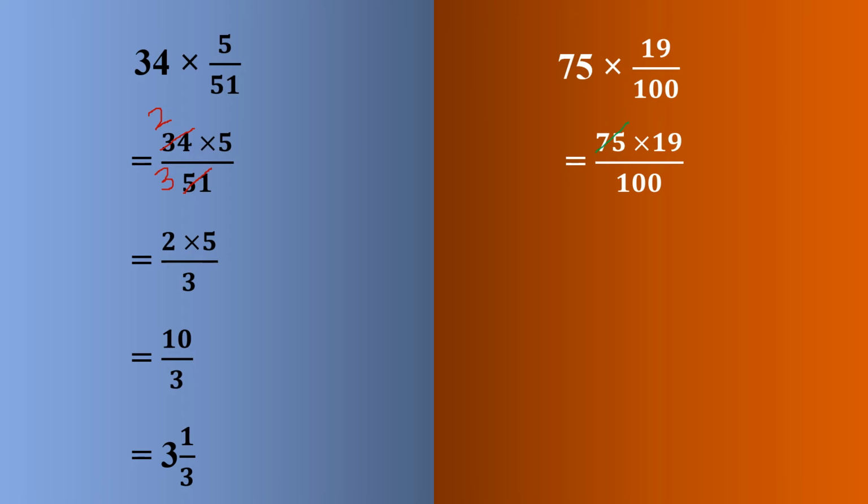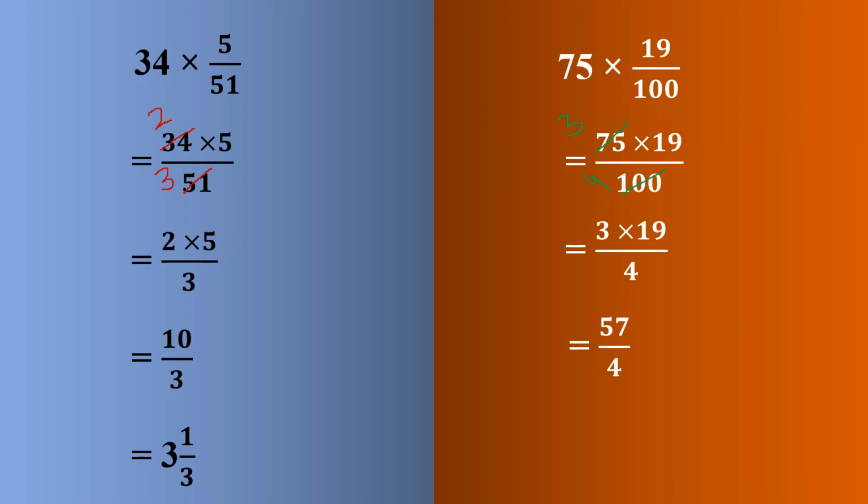So we can divide 75 by 25, we get 3, and when we divide 100 by 25, we get 4. 25 fours are 100. So here 3 into 19 by 4. Now it is very easy to calculate. We will multiply 3 into 19, and we know the table of 19. 19 threes are 57 and denominator is 4. So we will write 4 here.